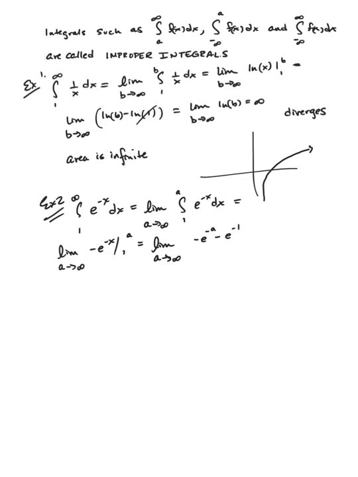Okay, so let's put these in the denominator. So we have the limit as a goes to infinity of negative 1 over e to the a minus 1 over e.